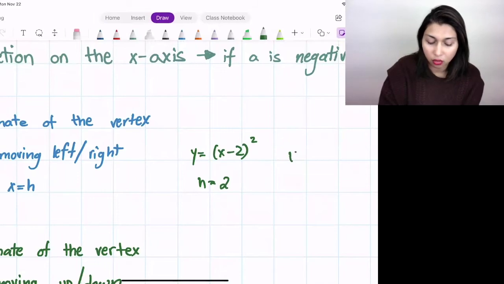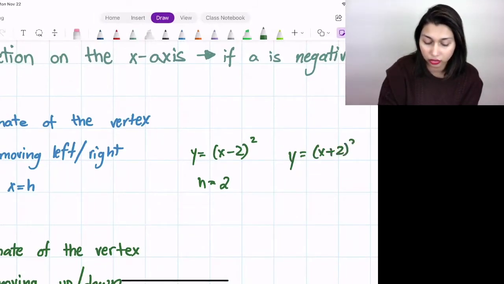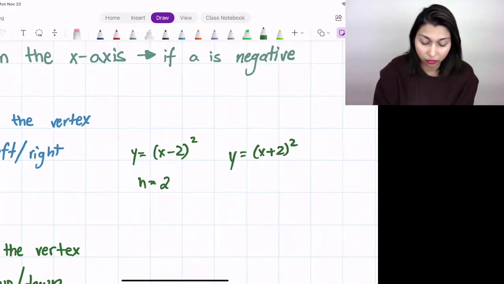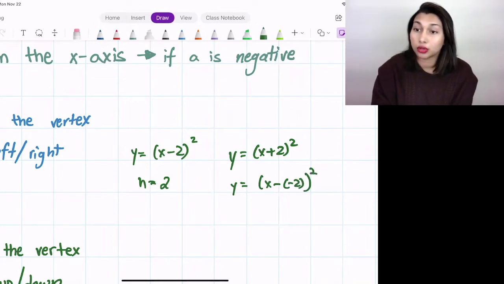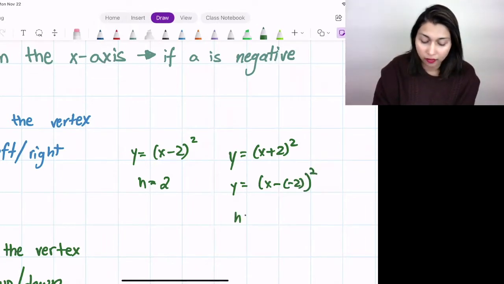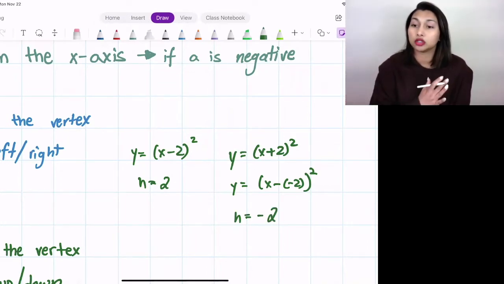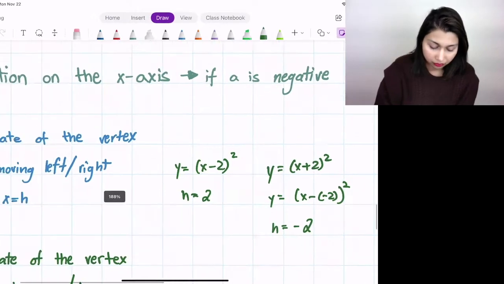But if we had y equals (x plus 2) squared, it's not in our transformation form, so we would need to rewrite this as x minus -2. That means our h value is actually -2 and it will be moving to the left.